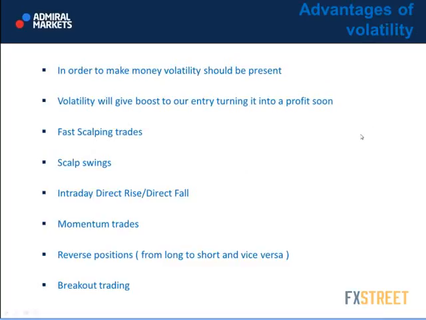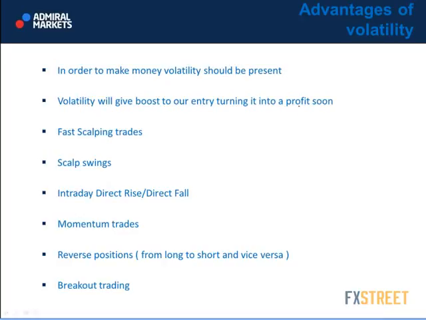Now, what are the advantages of volatility? As I already said, in order to make money, volatility should be present. Volatility will give a boost to our entry, turning it into a profit soon. So usually you probably know that you have made an entry, let's say here, and the price is going sideways, up, down, and there is a first surge of volatility that will push the price, usually, if we are right about our entry, into a nice profit.